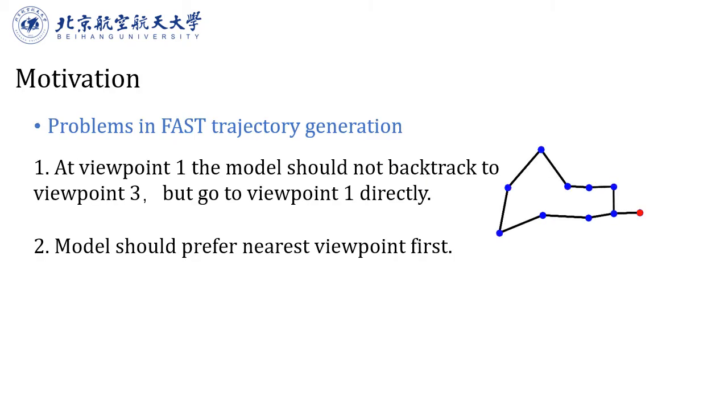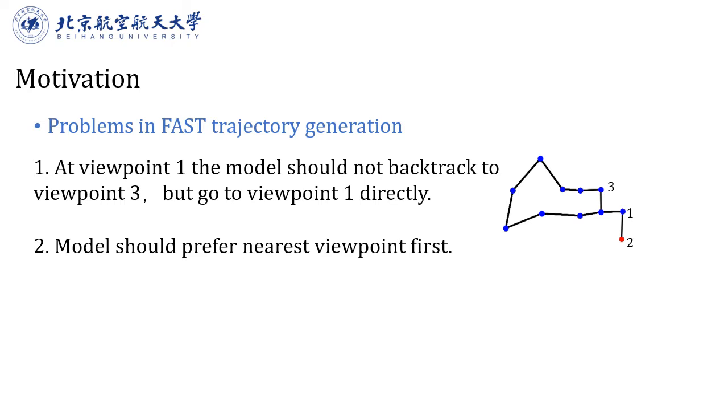But there is a weakness in this search strategy. We can see it from the trajectory generation process. At viewpoint 1, the agent is very close to the end viewpoint. It can go to viewpoint 2 directly and reach the end of its journey.